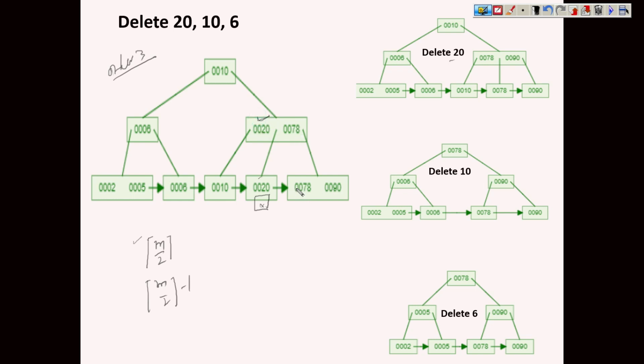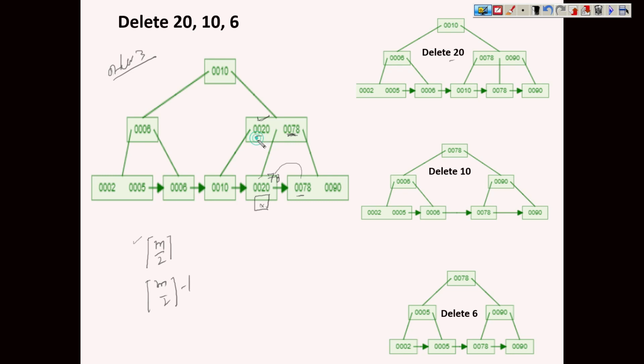Now 78 is to be shifted here. When this record is shifted, its key no longer has a meaning, because this key basically represents this record. So once you shift this 78 here, then this has to be adjusted and this has to be adjusted.